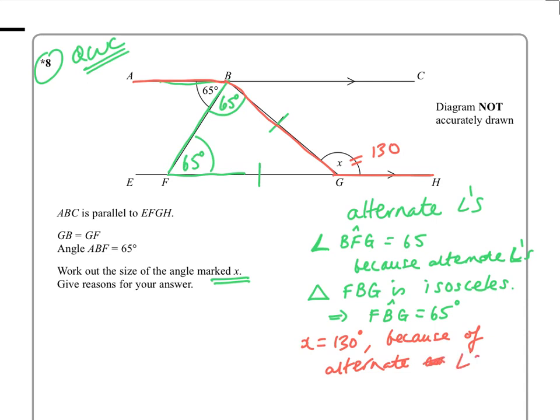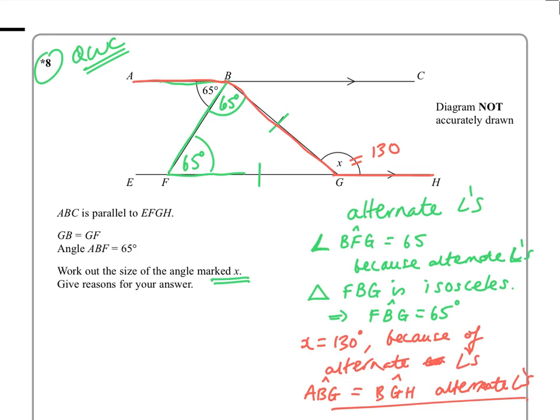I can write that as this again. You could add a little bit more and say ABG is equal to BGH and write alternate angles.